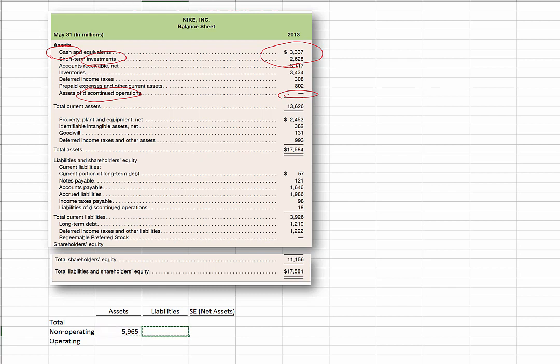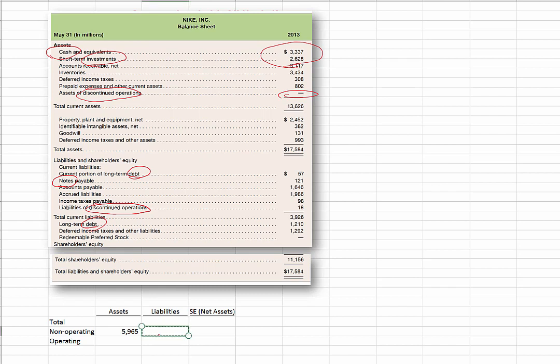Now let me find my non-operating liabilities. Once again, look for keywords. Very carefully. Oops, missed one there. So there are 4 items for non-operating liabilities. Let me drop those in right there.